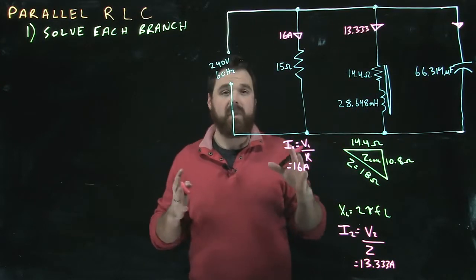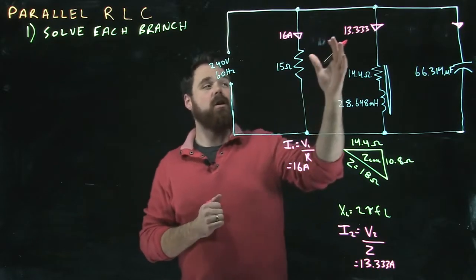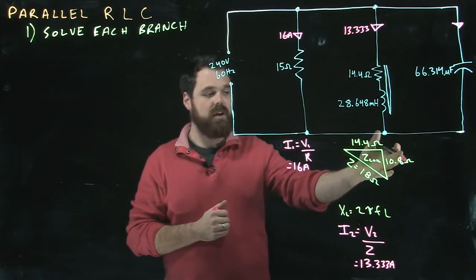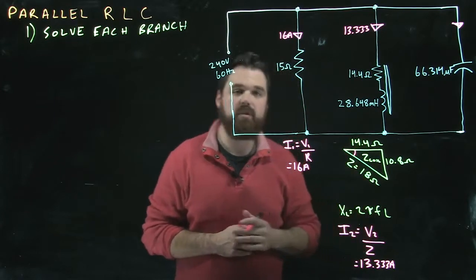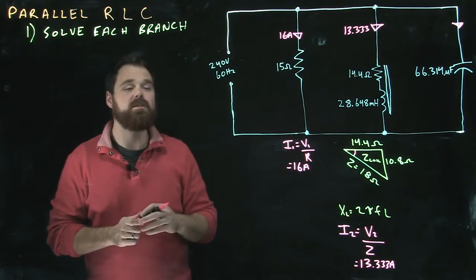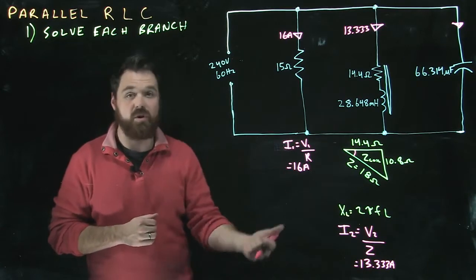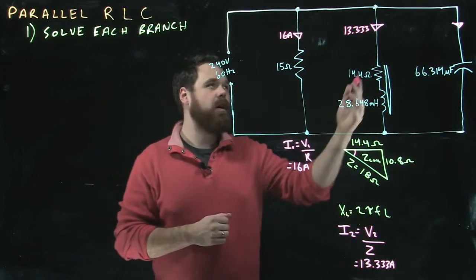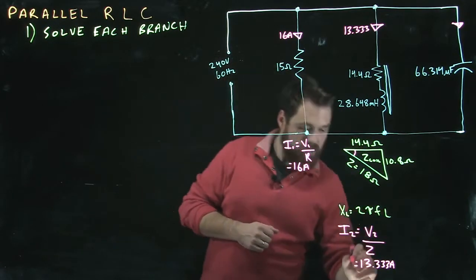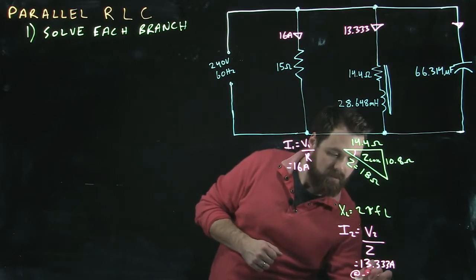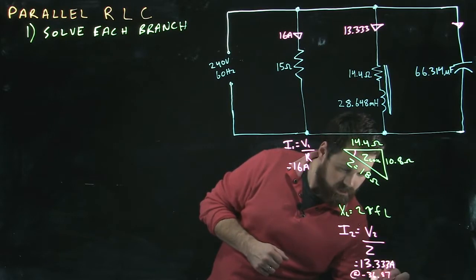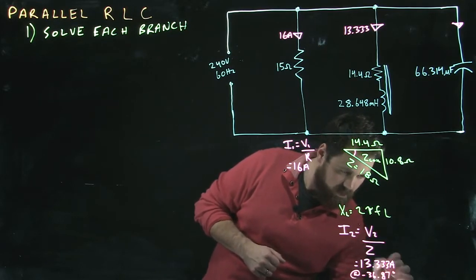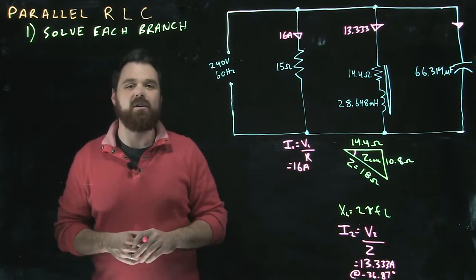Perfect. Because our coil is resistive and inductive, we actually have an angle for that branch of the circuit. We can solve that angle in any number of ways. With SOHCAHTOA, you can figure out the power factor. I've calculated it out to negative 36.87 degrees. So that's the angle of the coil.